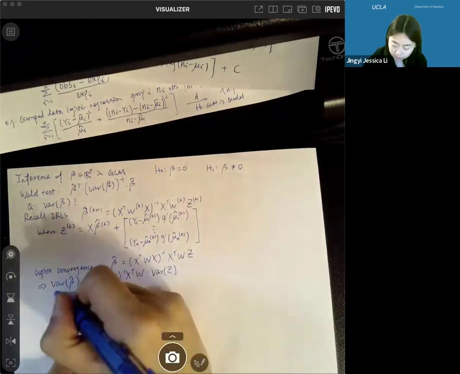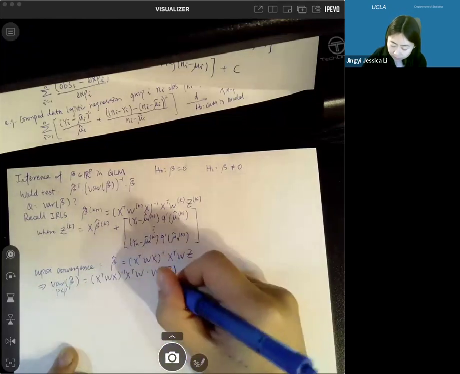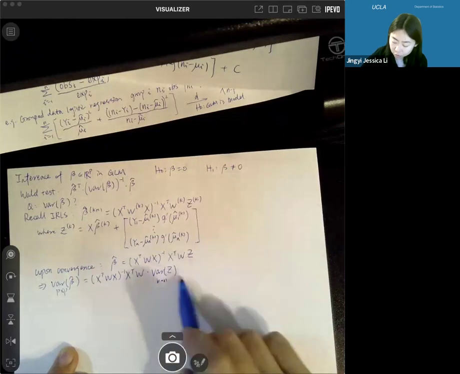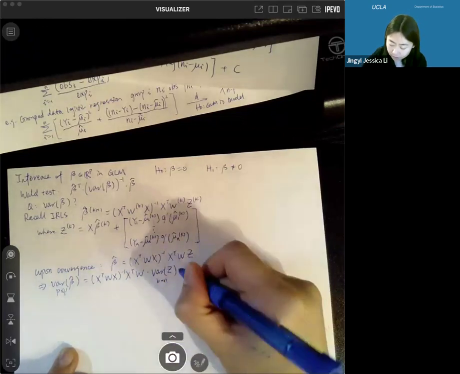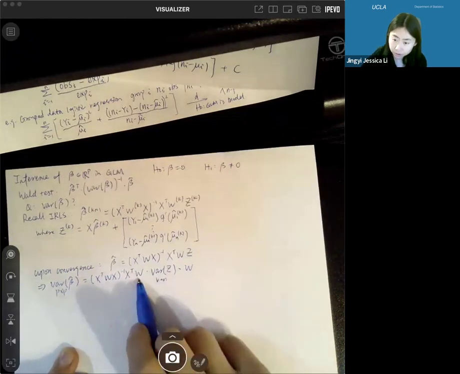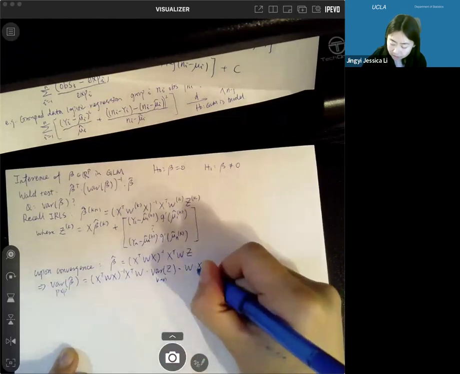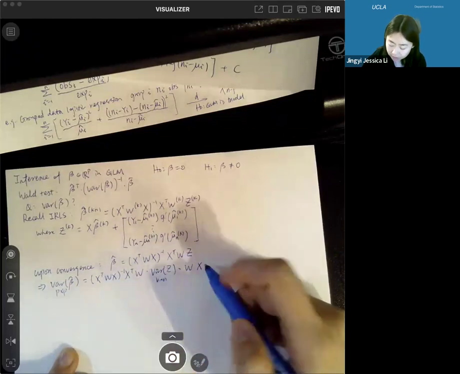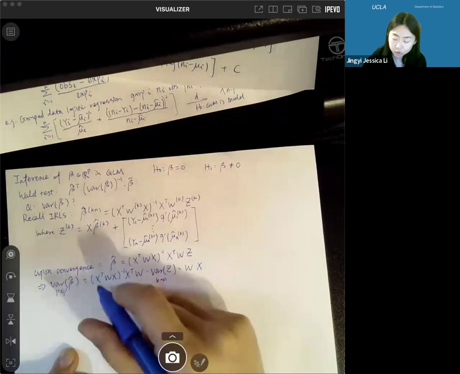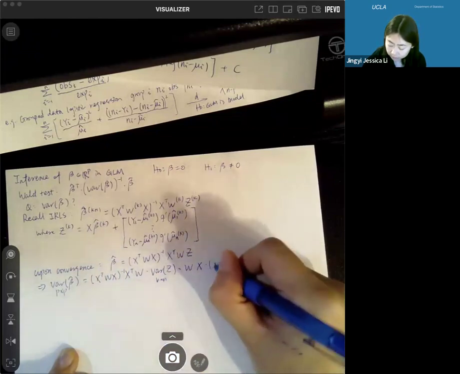So this is P by P, this is n by n, times the transpose of this whole thing. And W transpose is itself, X transpose becomes X, and this inverse, as it's a square matrix, it stays.